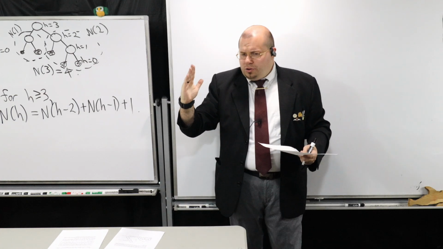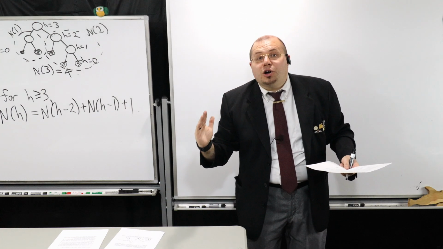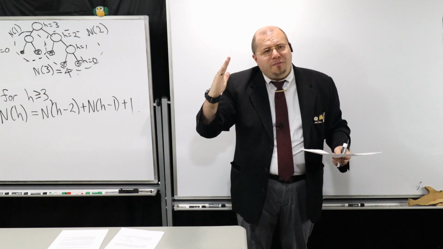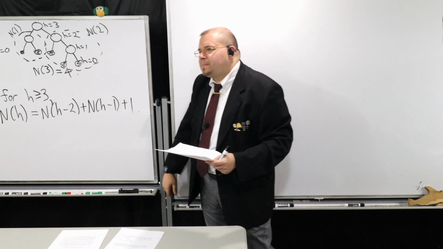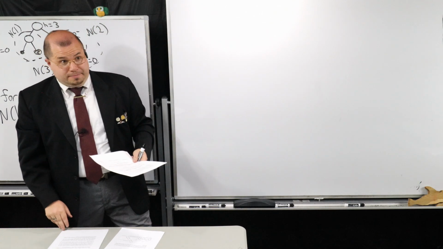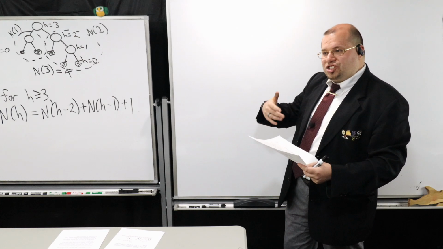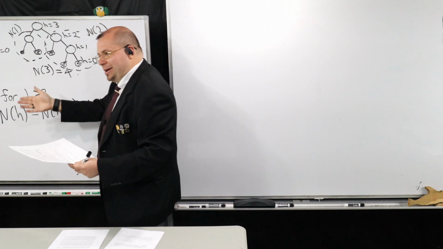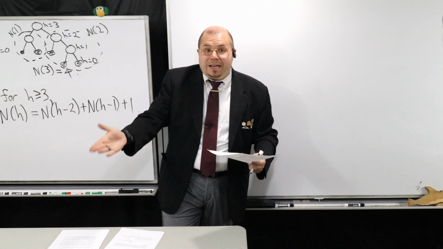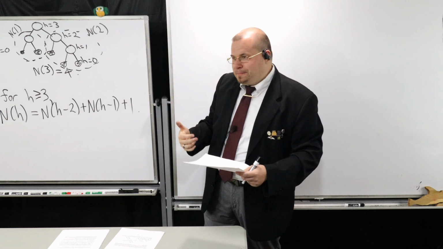Is it going to plateau like this? Or is it always going to go up? Now, I'm not claiming how fast it's going to go up. It's increasing. For those that really want to delineate, I'm going to say it's strictly increasing, meaning it's always getting bigger. Whenever I put a next value in for n of h, it's only going to get bigger. It never gets smaller, it never stays the same.